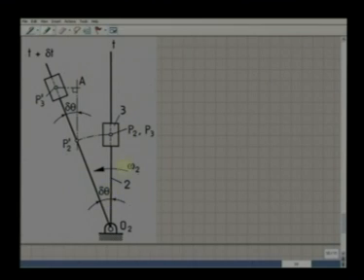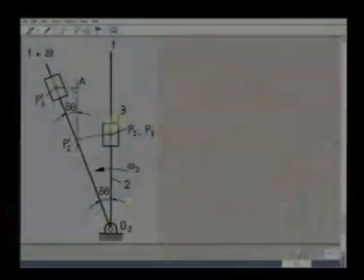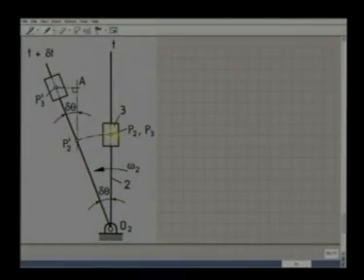Let us consider if omega 2 is the angular velocity of this rigid body 2, that is, this rod is rotating counterclockwise, and in time delta t, it rotates through an angle delta theta. During this time delta t, body 3 has moved from here to there. That is, P3 has gone to P3 prime, whereas P2, the point on the rod, has moved to P2 prime because it is rotating about the point O2.